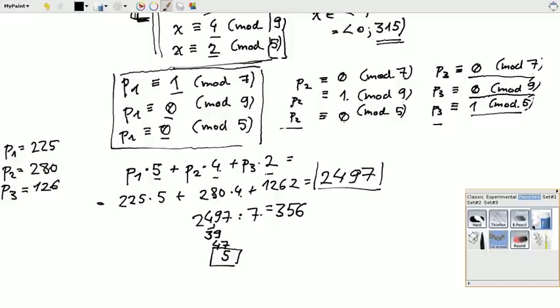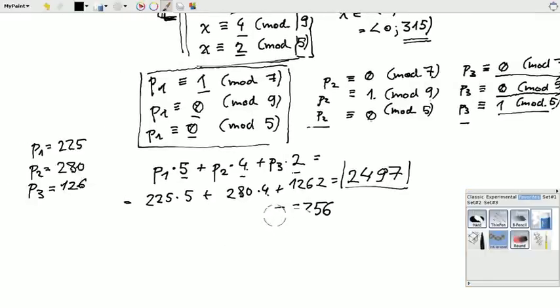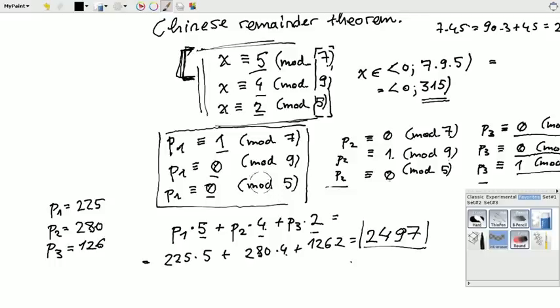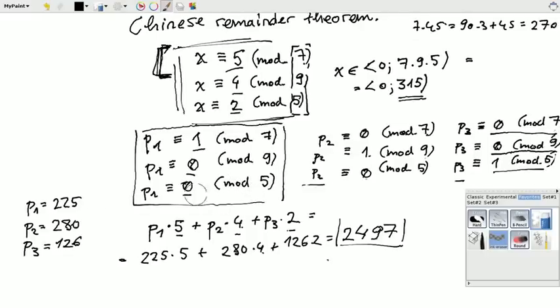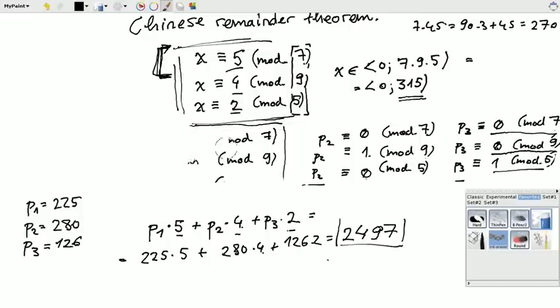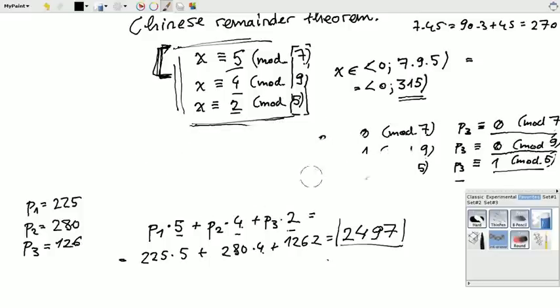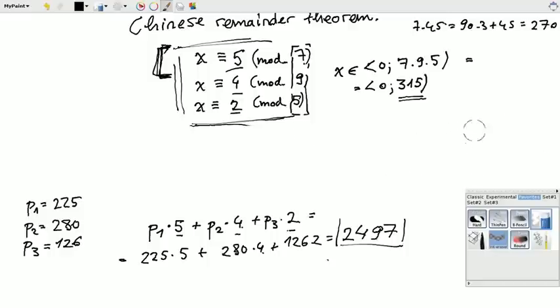Now let's check the second condition. You know what, I'm going to just remove all this stuff about P1, P2 and P3. I hope I was clear enough for you to understand what those numbers mean.